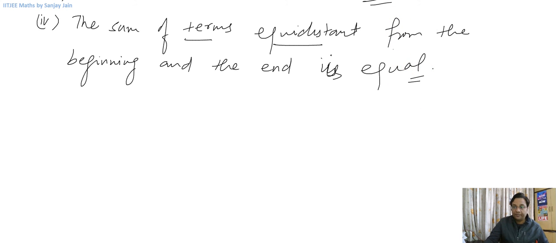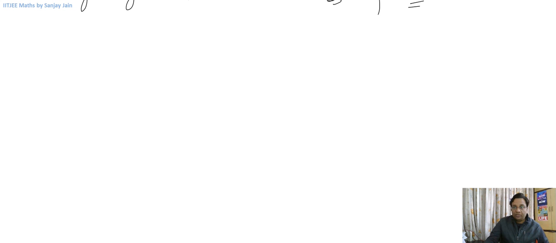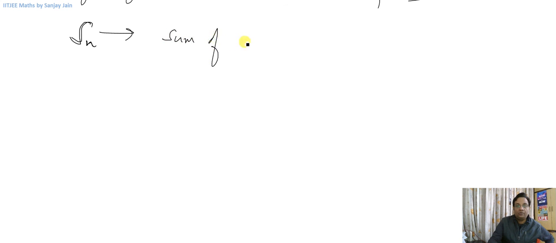Okay. Now let me talk a little bit about sum of n terms of an AP. I am denoting it with this S and this small n as a subscript. Let it be sum of n terms of an AP. Now I want you to observe one thing before talking in detail about the sum of n terms of an AP.